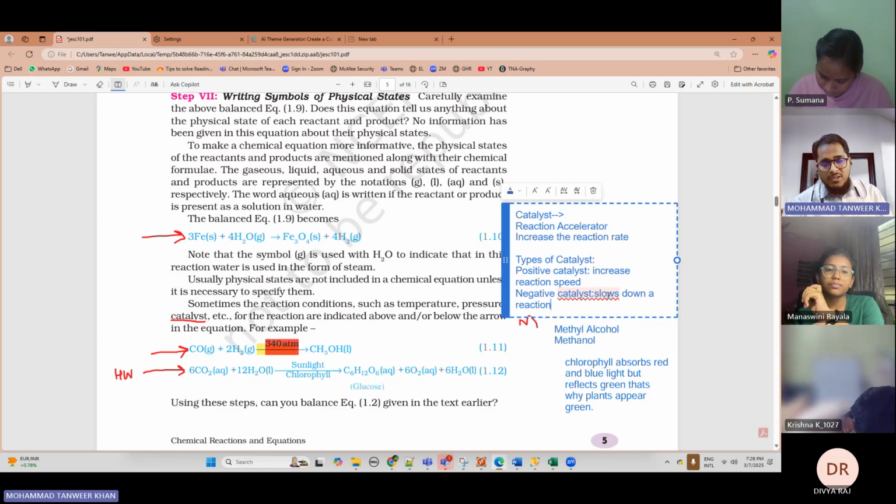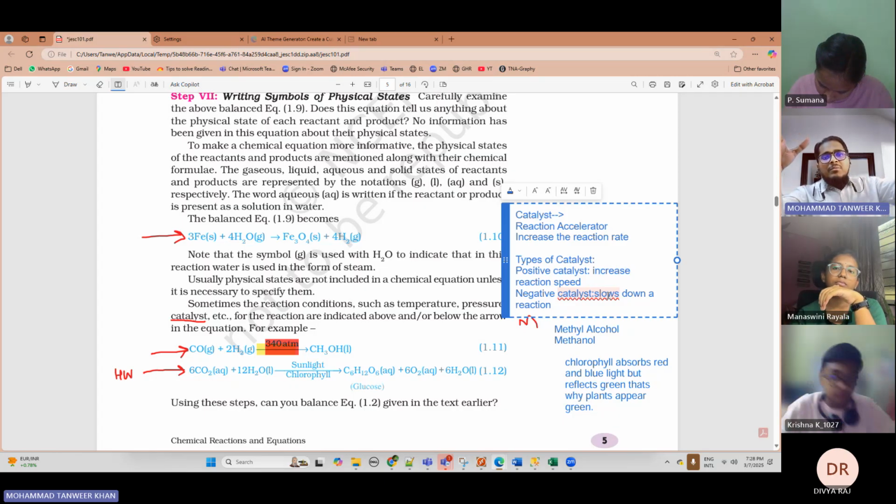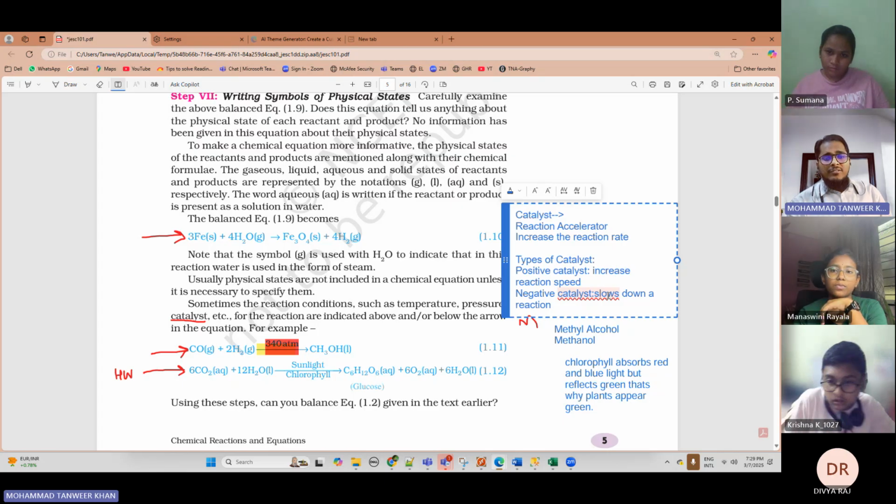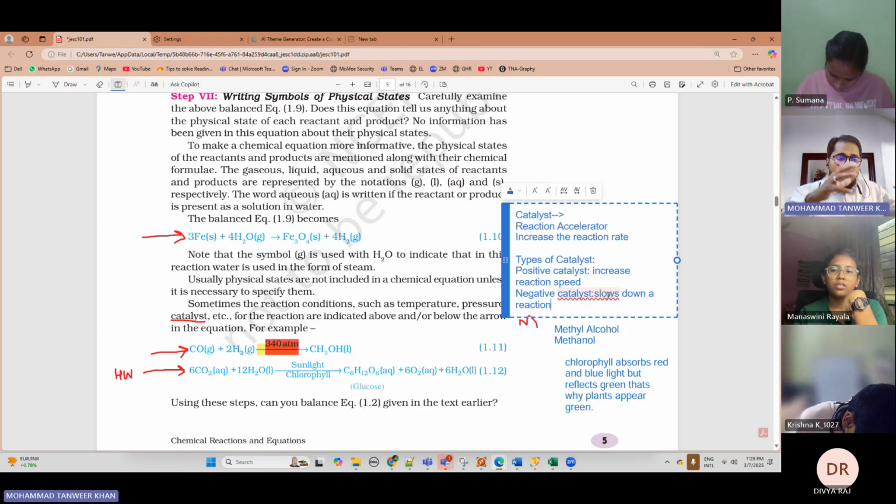If you want a chemical reaction to happen very quickly, with less time, which one will you use? Positive catalyst. And if you want a chemical reaction to happen very slowly, which catalyst will you take? Negative catalyst. So this is clear.